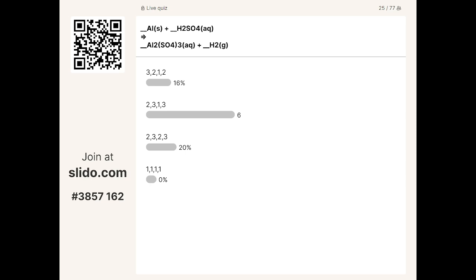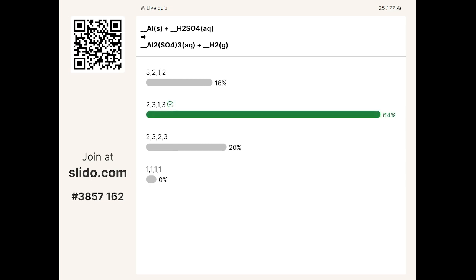Oh, wow. Apparently my internet's really slow. Okay, so there's a 2 in front of the Al, a 3 in front of the H2SO4, a 1 in front of the Al2(SO4)3, and then there's a 3 in front of the H2.